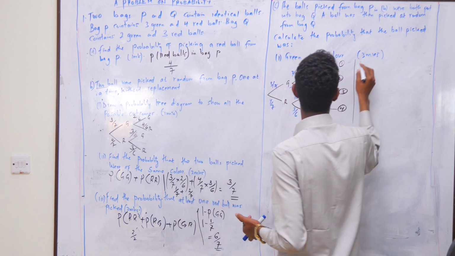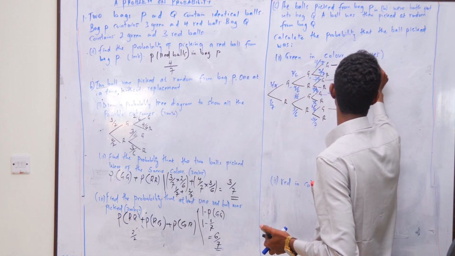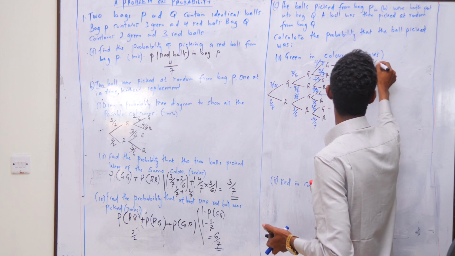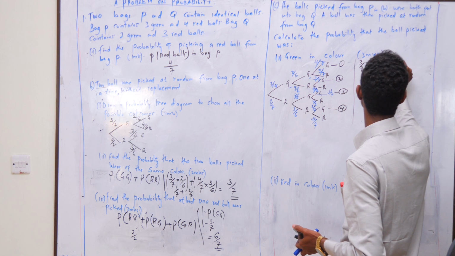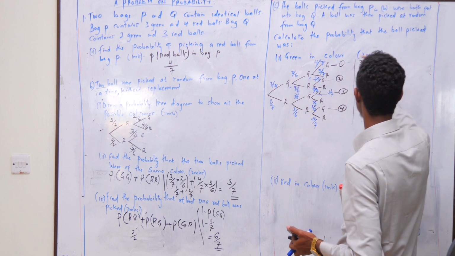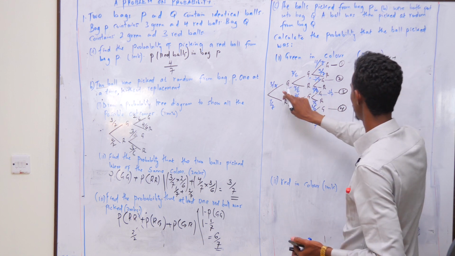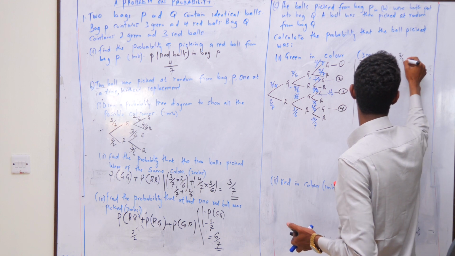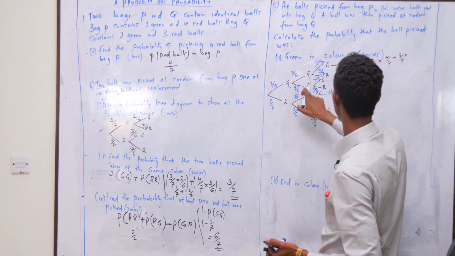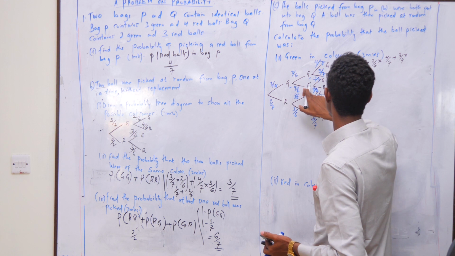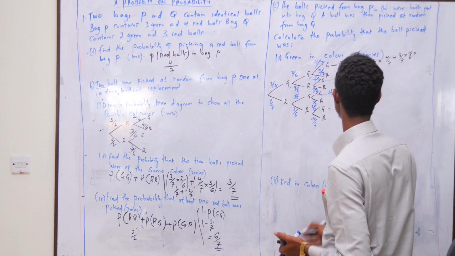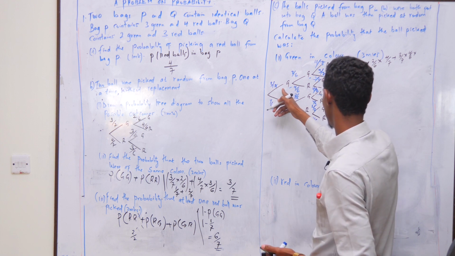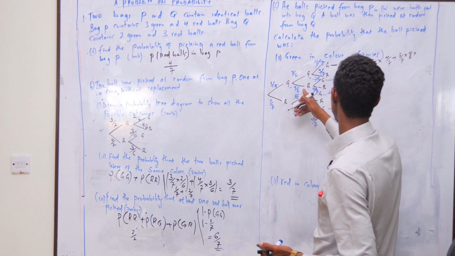Now we have 3/7 times 2/6 multiplied by 4/7. That is the green 1 plus green 2, which is 3/7 times 4/6 times 3/7 times 4/6 times 0/7.